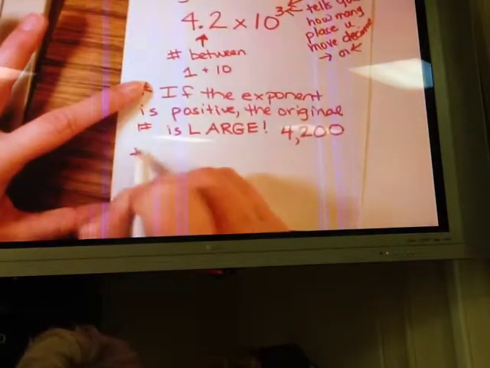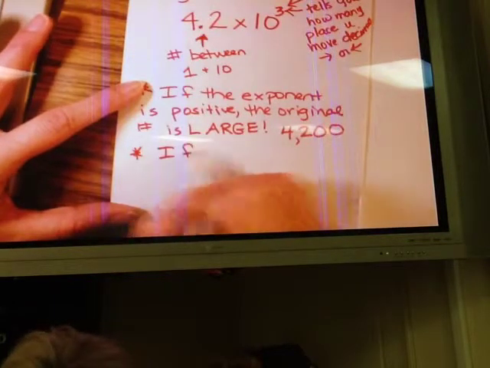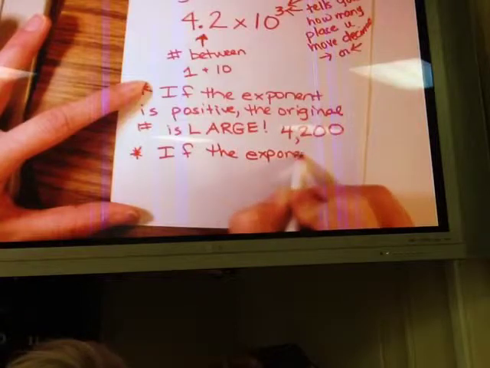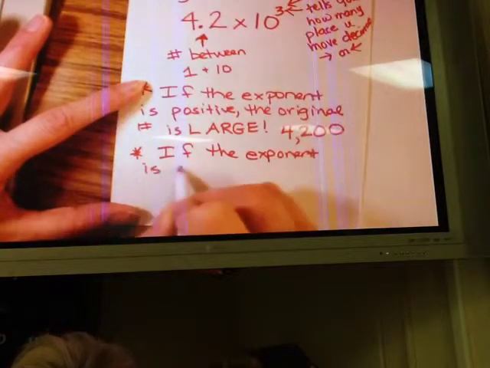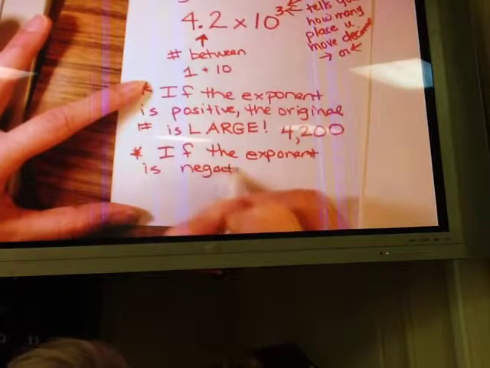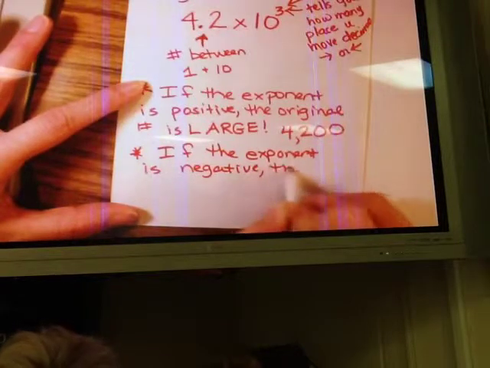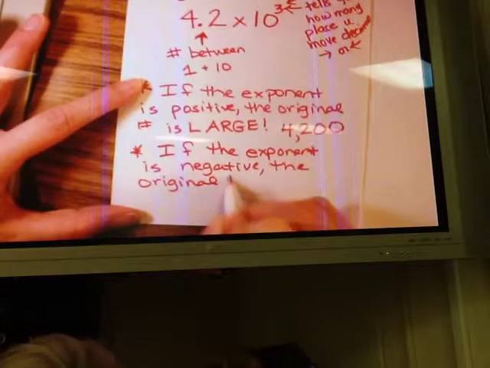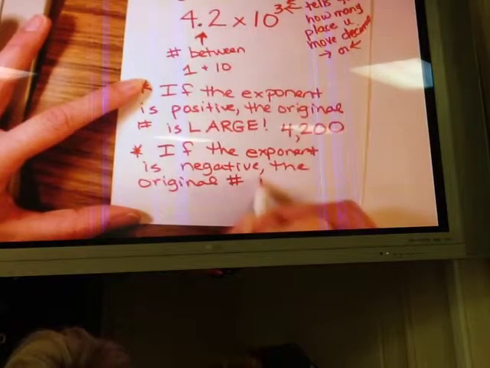If you have a negative exponent, the original number is small.